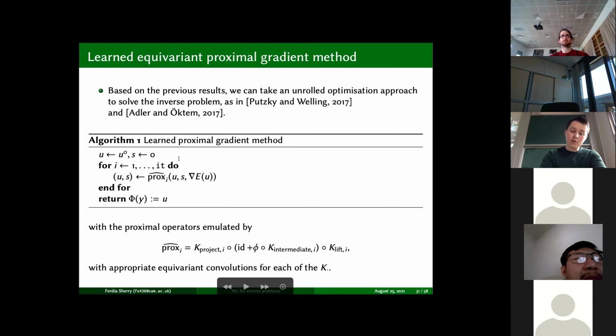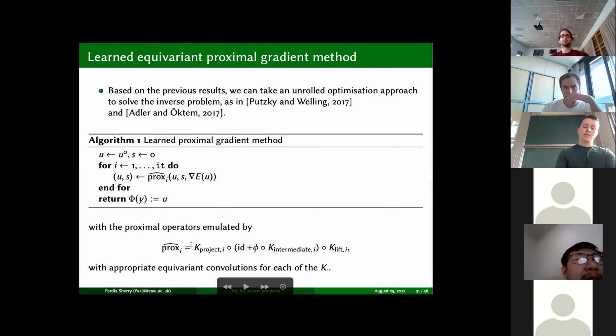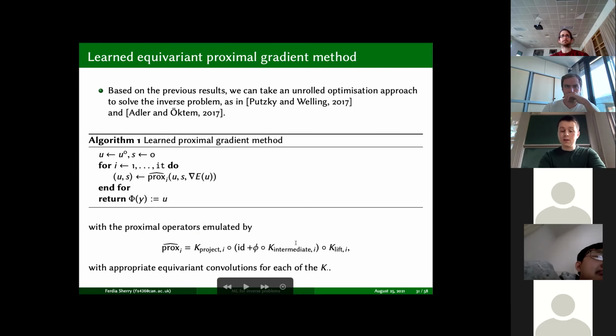So the idea is that we model this prox, which is not necessarily a proximal operator, but you're hoping that it somehow emulates a proximal operator, by an equivariant small neural network.